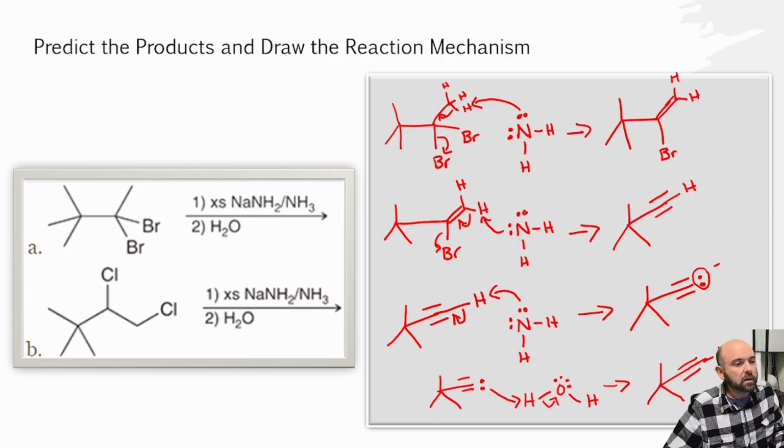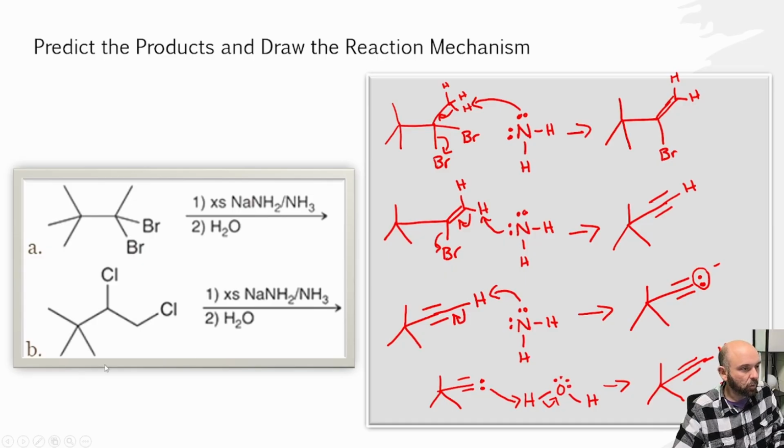So we also have some hydroxide ions, and that makes sense because we learned that the oxygen bases are not strong enough to remove that proton, so it makes sense that water will donate that proton back to make the reprotonated version of our alkyne.